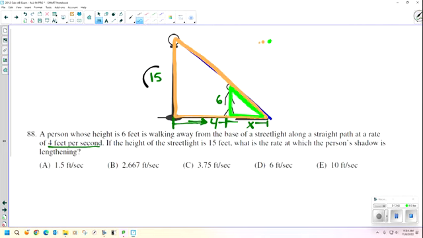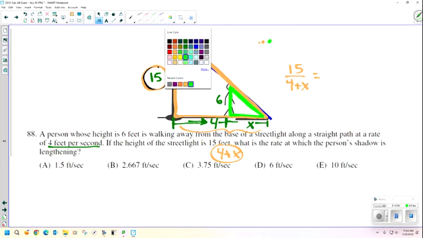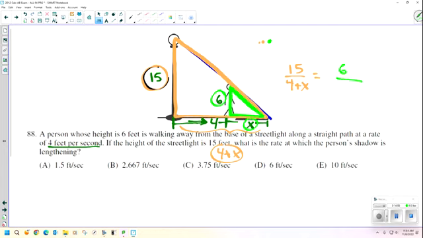That means this side of the orange triangle, I should circle that in orange, 15 is to this whole side, which is 4 plus x. So 15 is to 4 plus x. That's the same thing as, and now I can use my mint green again, 6 is to just x.